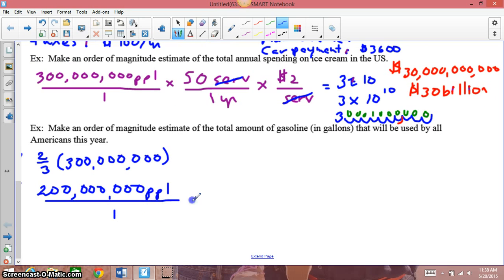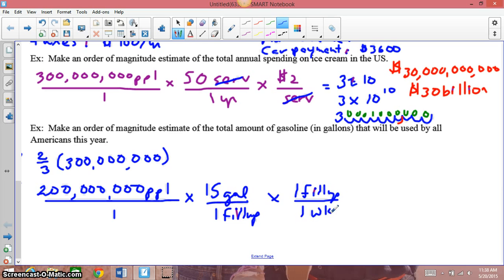And let's say average tank size is 15 gallons for every one fill up. And let's say that you have one fill up per week. And there are 52 weeks in a year.